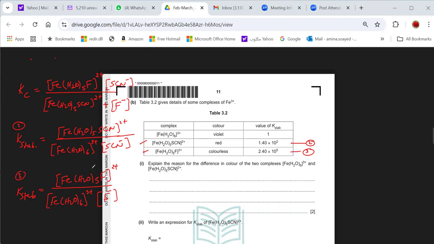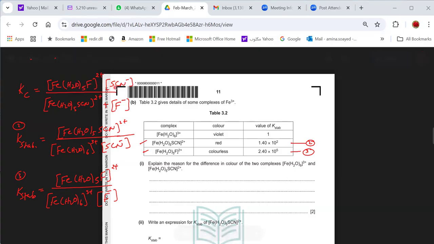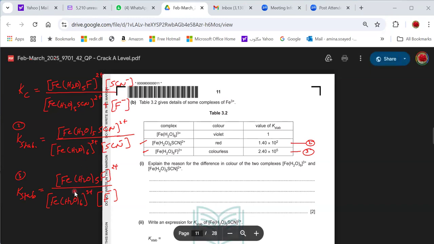And so we are going to arrange these two equations so as to get the one above, the Kc expression. If we look at the Kc value, we'll see that we have [Fe(H2O)5F]2+ as a numerator, and the concentration of SCN minus also as a numerator. So this means that we can divide K stability 3 by K stability 2.